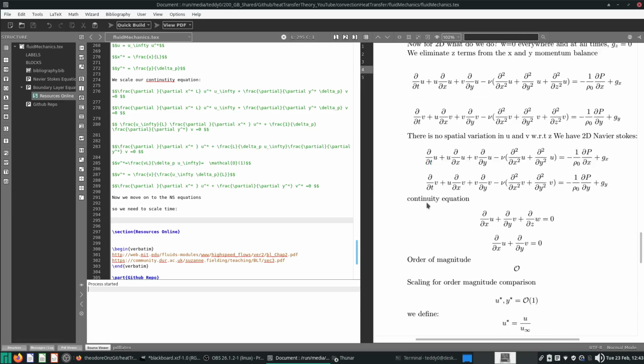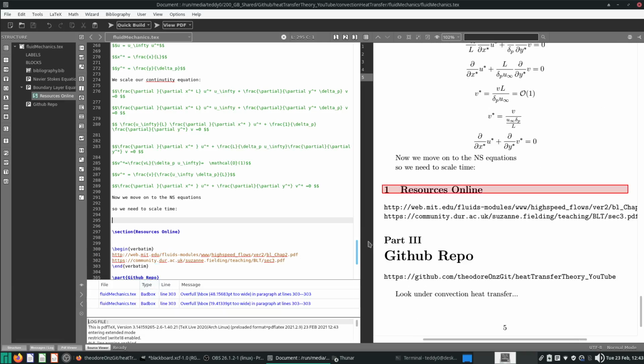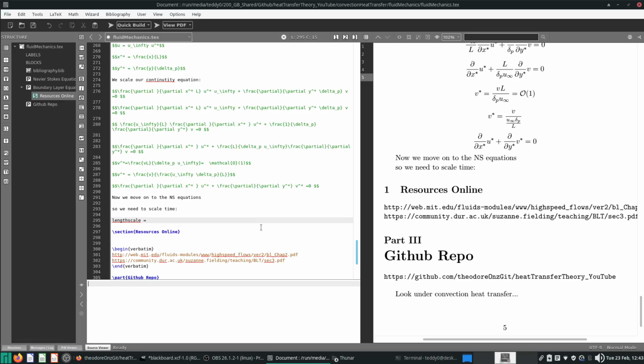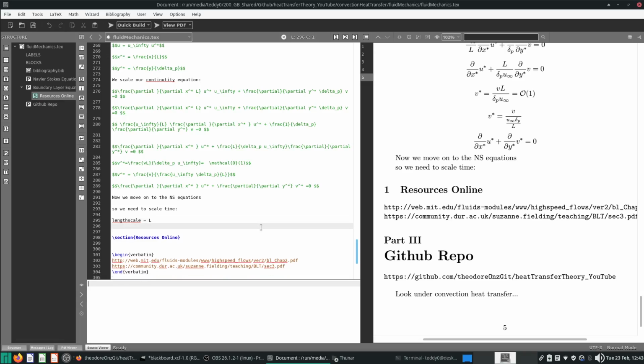So what's our time scale here? Since we already have a length scale and a velocity scale, the x length scale is L and the x velocity scale equals u infinity.